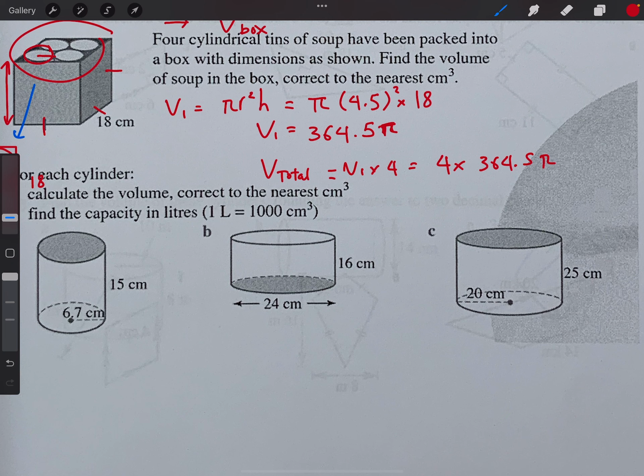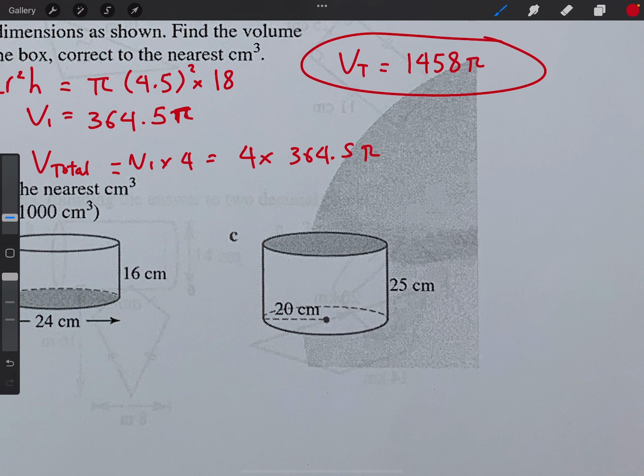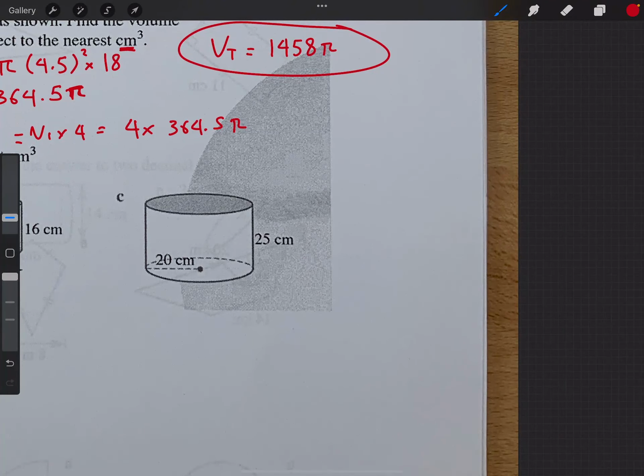Multiply that by 4 and the total volume is equal to 1458 pi, exact. But they want it to the nearest centimeter cube. So multiply pi with this number and get the decimal equivalent, and then just round it off to the nearest centimeter cube and done.